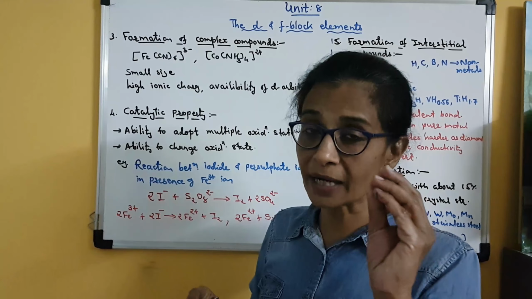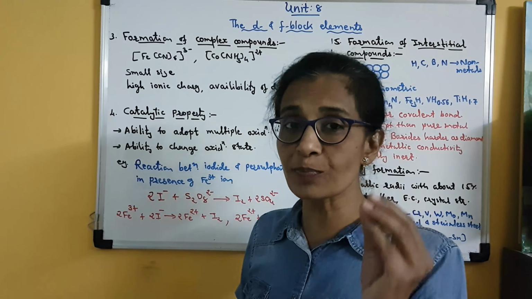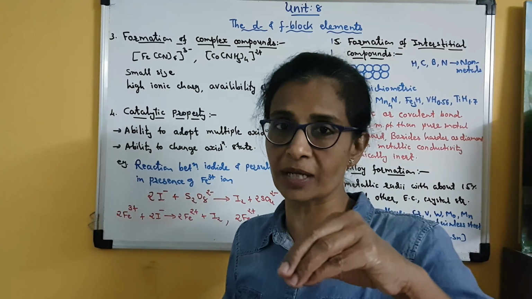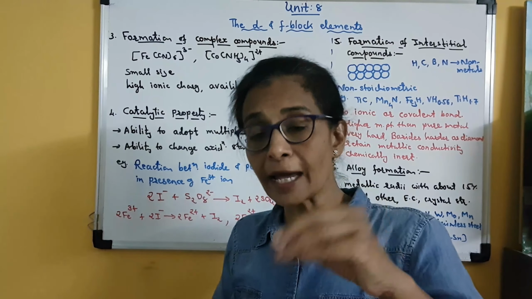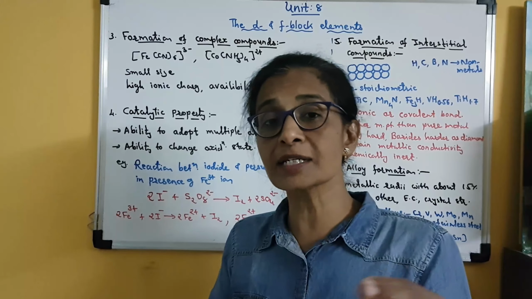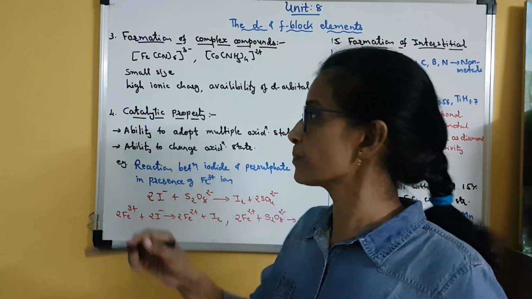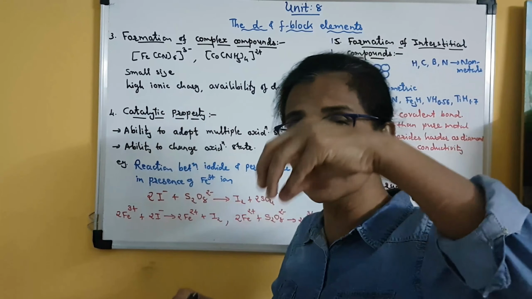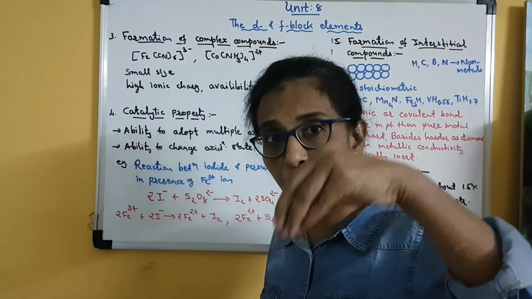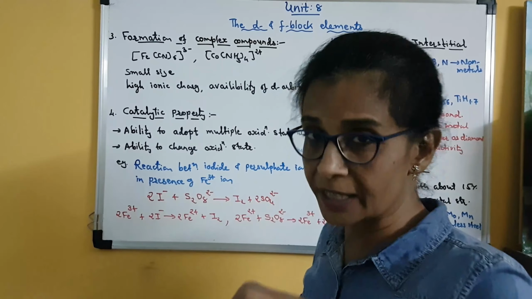As I told you, the small metallic ion is present in the center of the complex, like the nucleus. Clear? So if the ion has to be present in the center, then it has to be smaller in size. So transition metal ions are smaller in size, so they can easily adjust into the small central vacancy.